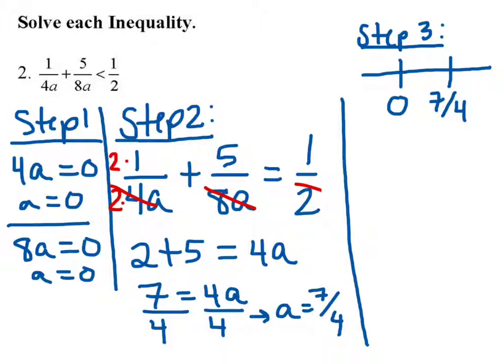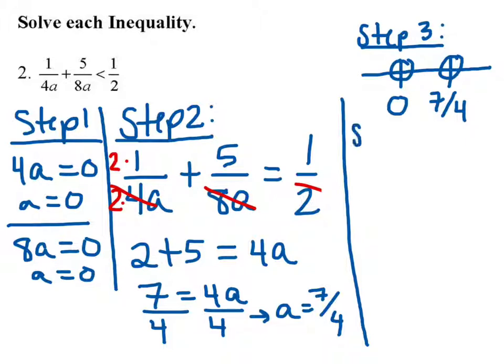So now I have a value of 0 on my number line, and I will put an open circle on this value, since we do not want to include that in our solution set, since it is an excluded value. And the boundary point of 7/4 that we found is also going to be an open circle, because our inequality is a strict inequality, meaning let's not count that boundary point either. Now that we've broken our number line up into 3 different regions, let's test each region.